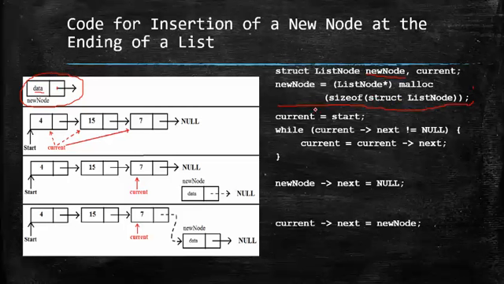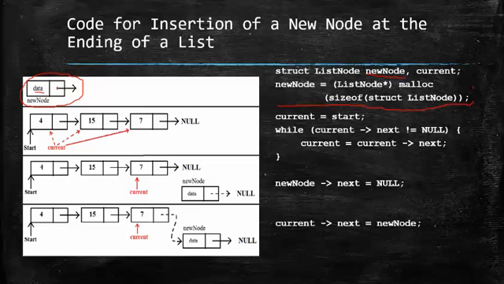And then once the node is available, the next step is to make sure that we move from start to end before inserting the element. That is what we have seen in the previous slide. In the previous slide, we learned that we need a traversal from the first node of the list till the last node of the list, so that once we have the list's last node, we can insert a new node at the end of the list.